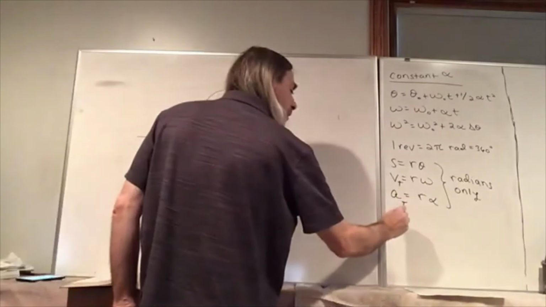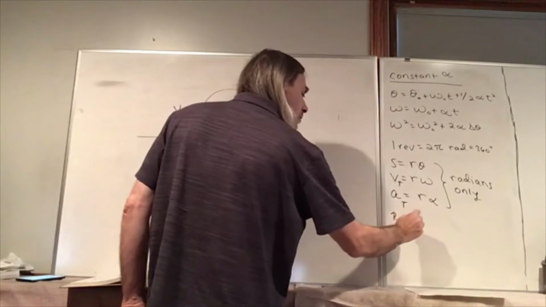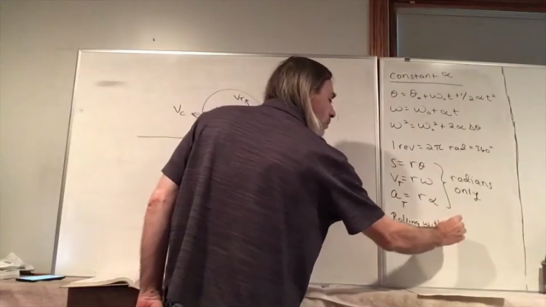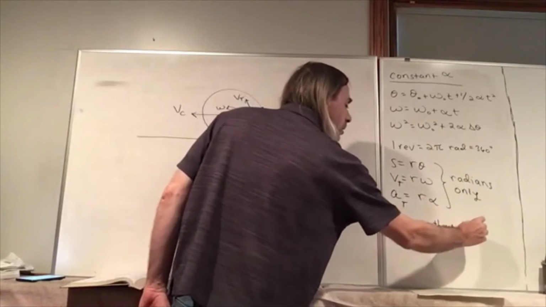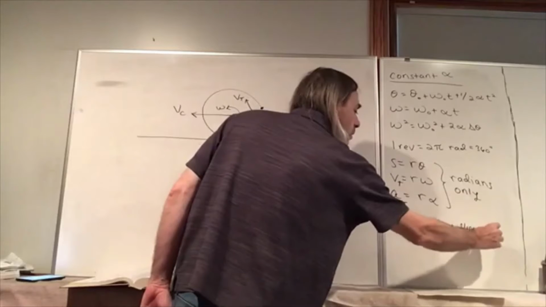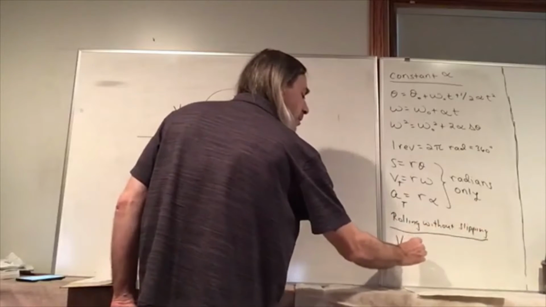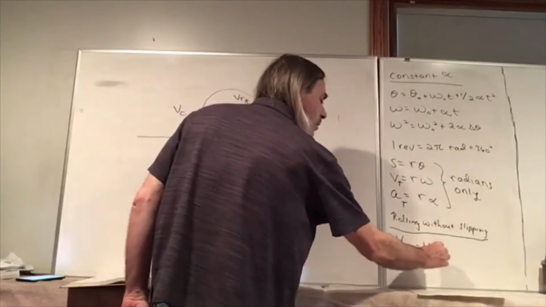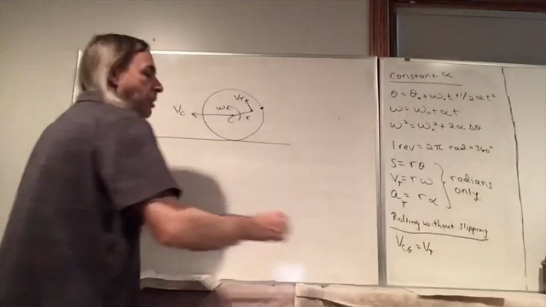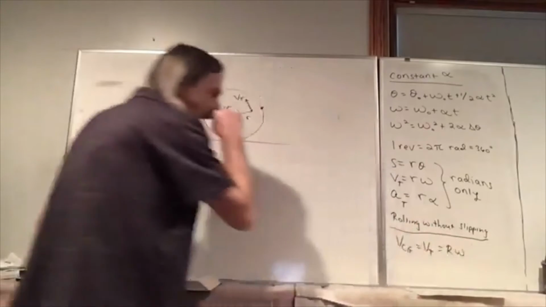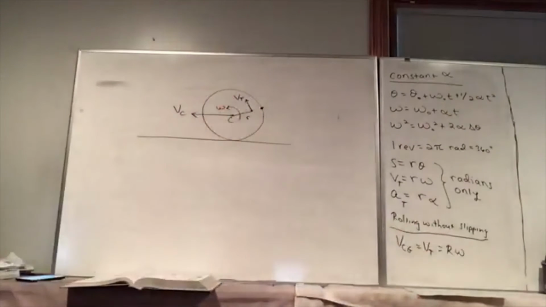So rolling without slipping. The velocity of the center with respect to the ground is equal to that tangential velocity of a point on the edge of a disk, which is r omega.